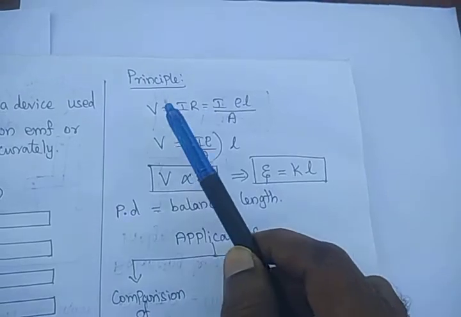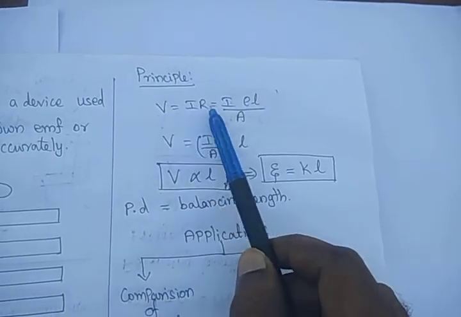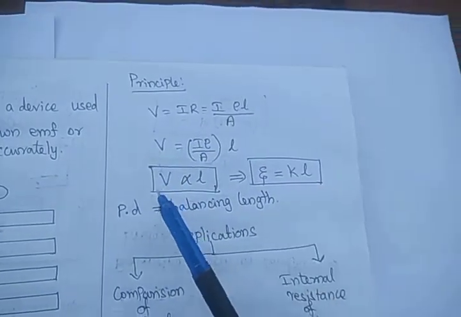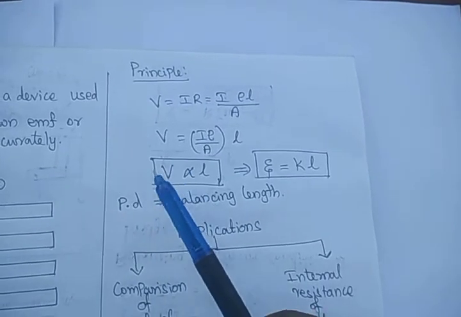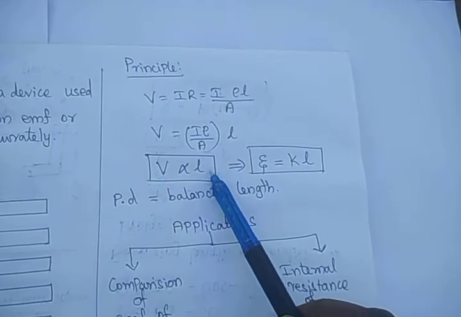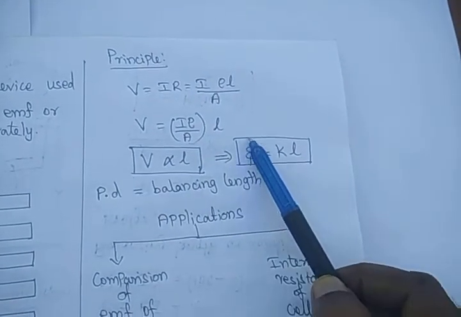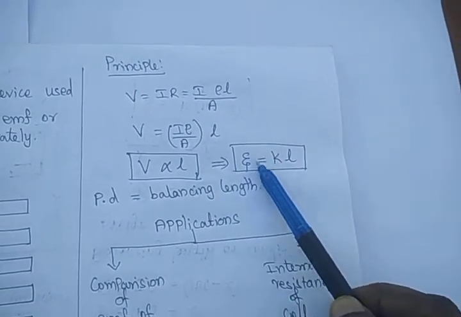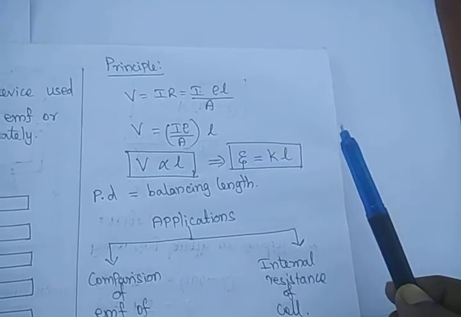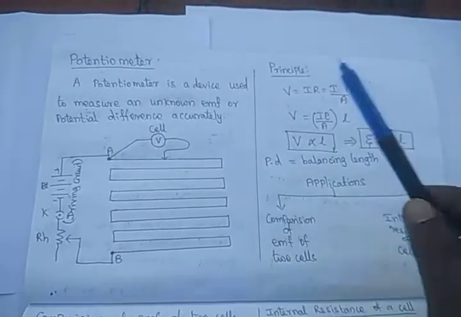Similarly, the potential difference or the EMF of the cell is directly proportional to balancing length. So instead of V, we are putting EMF: E is equal to KL. K is a constant.